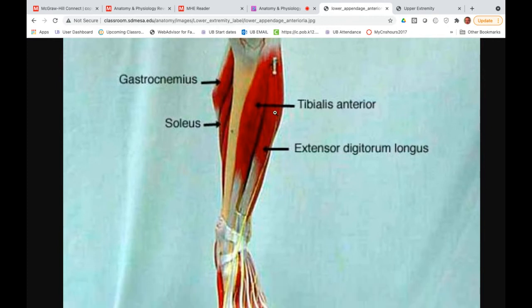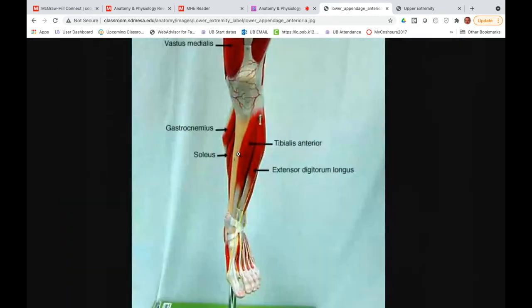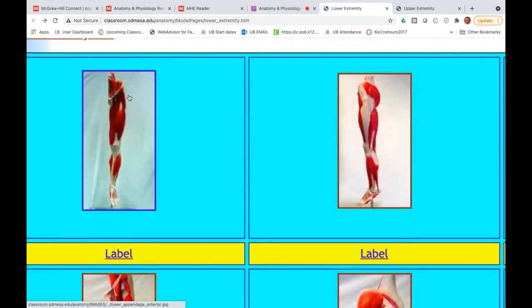They are completely antagonistic to the anterior compartment. So if the tibialis anterior dorsiflexes the foot, the gastrocs and soleus will plantar flex the foot. That means stepping on your tippy toes. Okay.